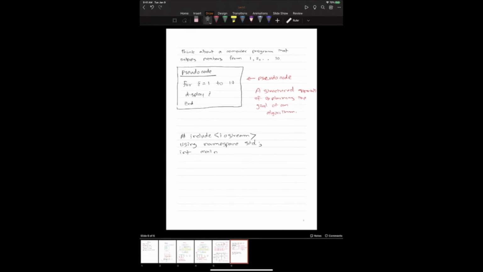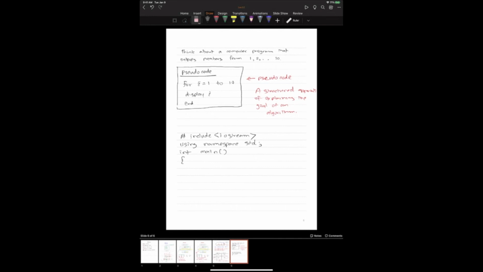Somebody was asking, can a block diagram be a pseudocode? Yes, but if you are restricted to a text pad where there's no way you can draw a block or a line, then you have to only use text. So most of the time, a pseudocode is written using step text.